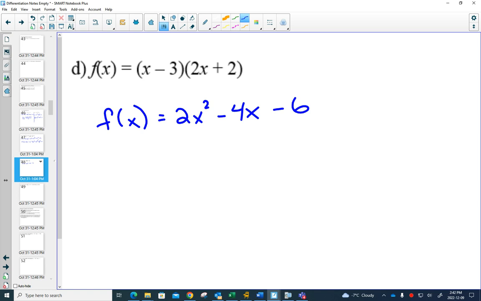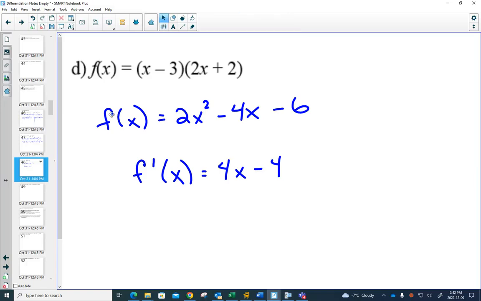And then you're like, oh, now it is in a form that I can do. So my derivative will be 4x minus 4. You don't have to write the plus 0, but you could if you wanted to. Right? So sometimes we have to take some preliminary steps to get it into a form that we can do. And so far, the only shortcut we know is powers. And we can do any polynomial, which really is a lot of mathematics already.